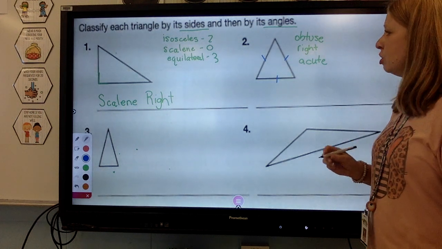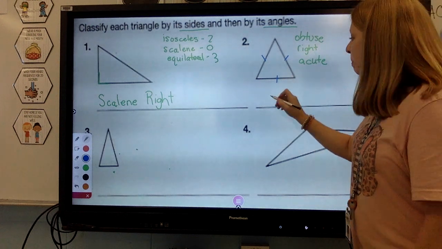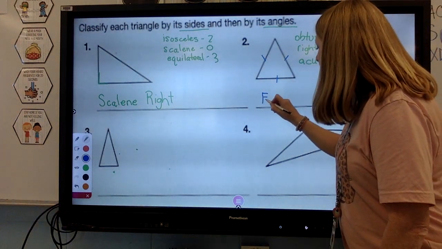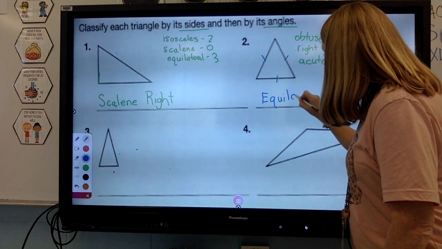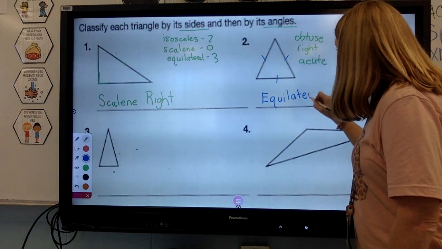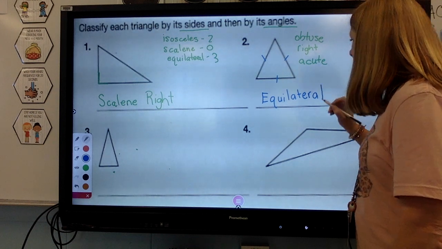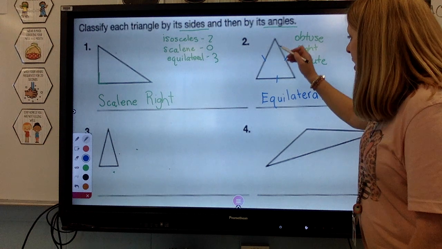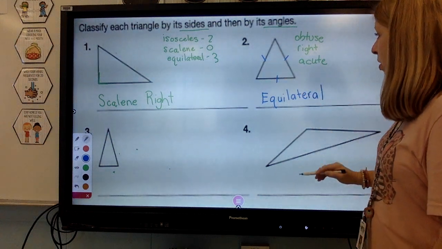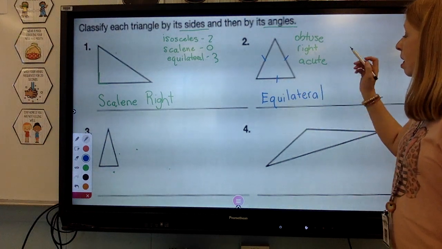Looks like all 3 of those sides are equal to me. So this would be equilateral. It's not scalene because scalene means no sides are equal. And I feel like this would be equilateral, that all sides are equal.